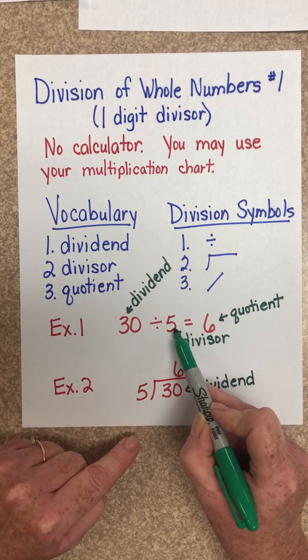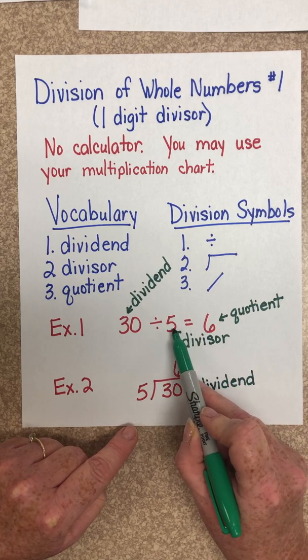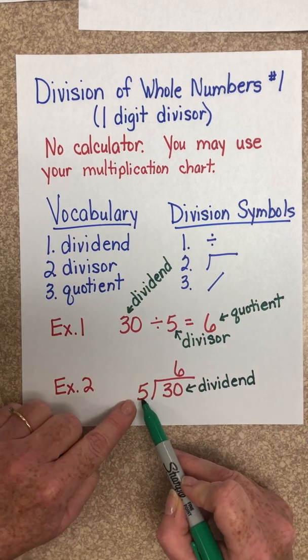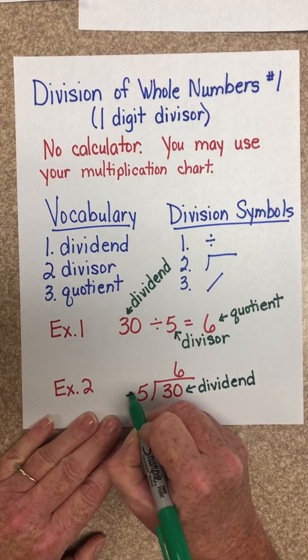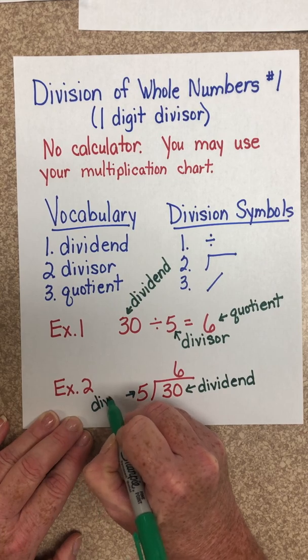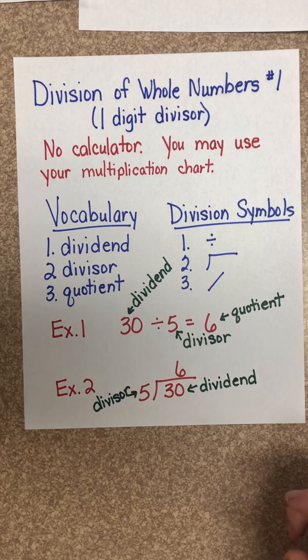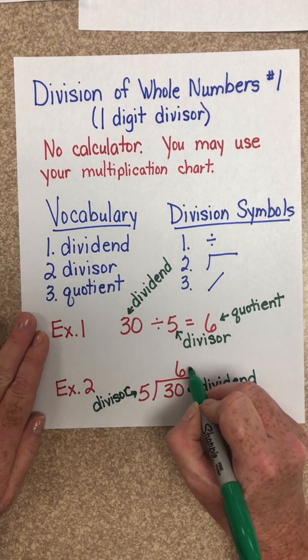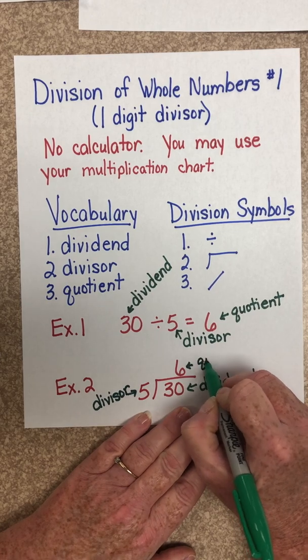And the second number in this problem is your divisor. That number goes outside the box when you're using the long division symbol. That is your divisor. The answer is written on top of the box, and that is your quotient.